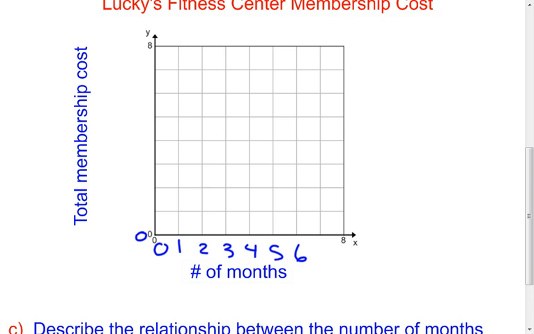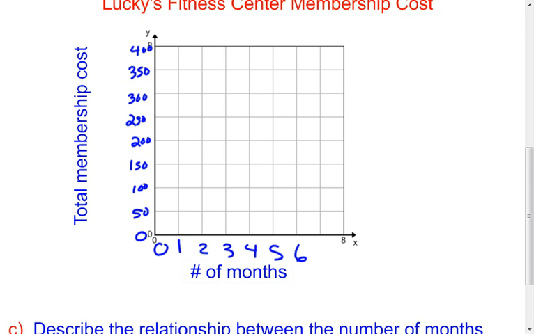So you want to think about what you're going to scale that by. I probably can go up by 50s. So I will go 50, 100, 150, 200, 250, 300, 350, 400 should fit on there.